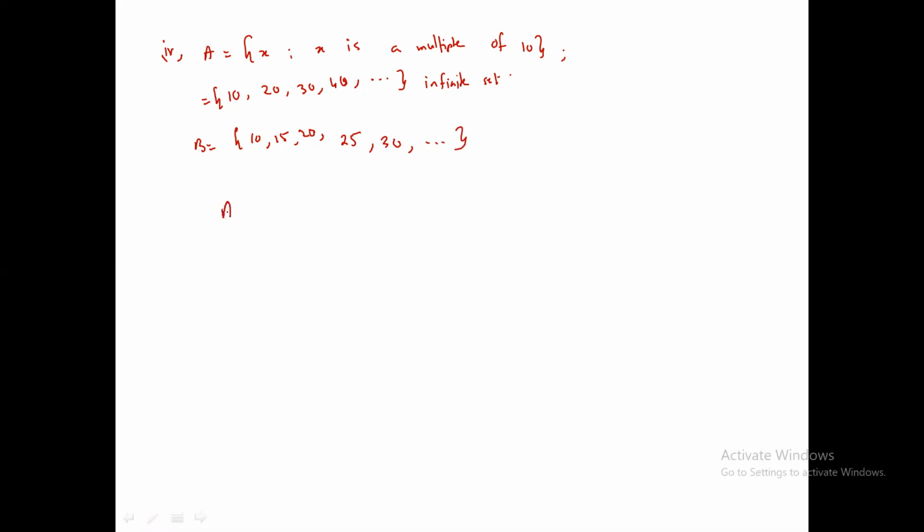I can say A and B are not equal because in B you have 15, which is not there in A. In B you have 25, but that is not in A. That's why they are not equal.